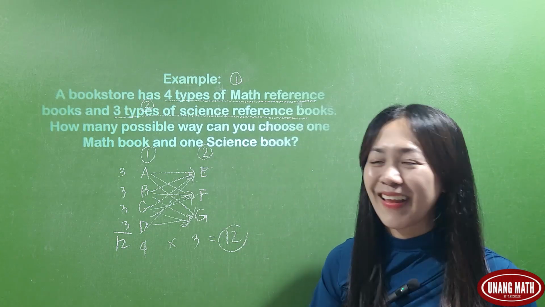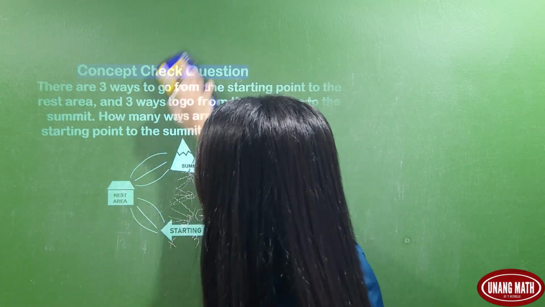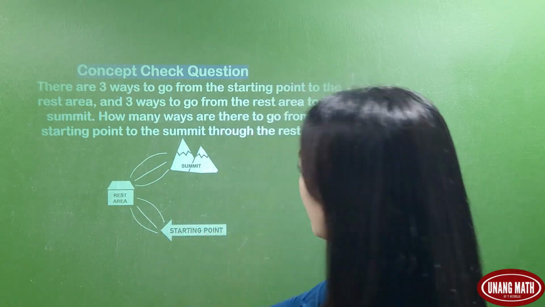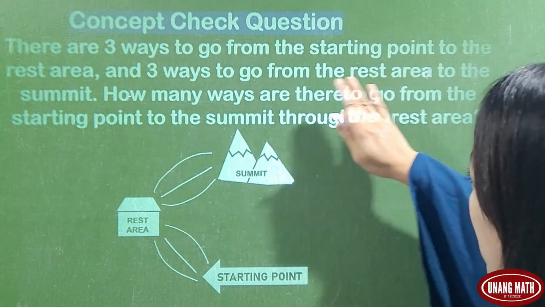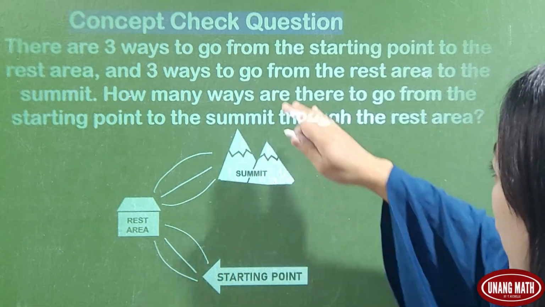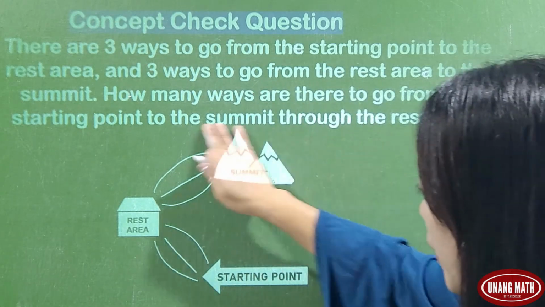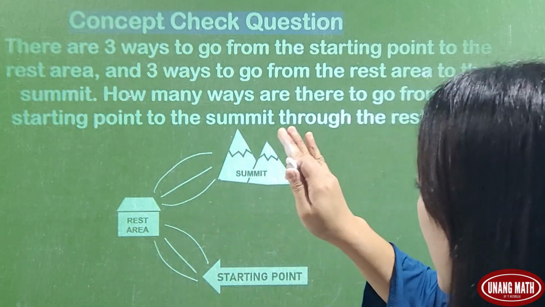Now let's answer this simple concept check question. There are 3 ways to go from the starting point to the rest area, and 3 ways to go from the rest area to the summit. So this is our illustration. Starting point, this is the rest area, and this is our summit.